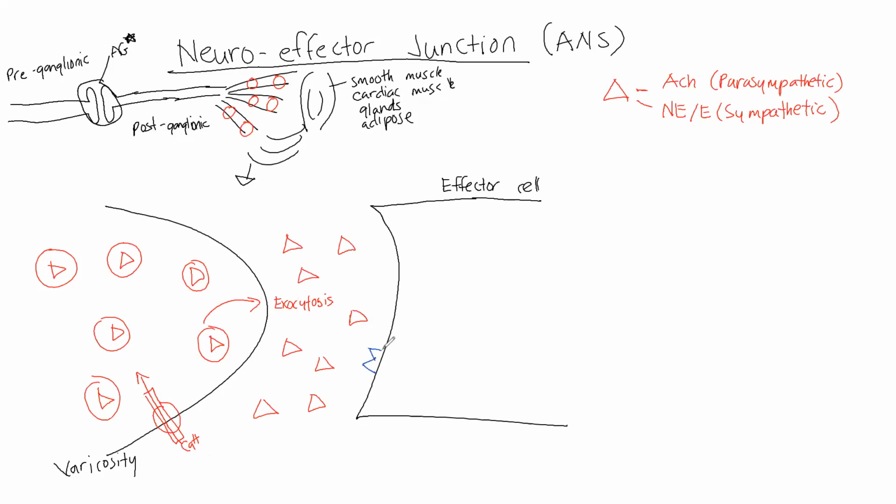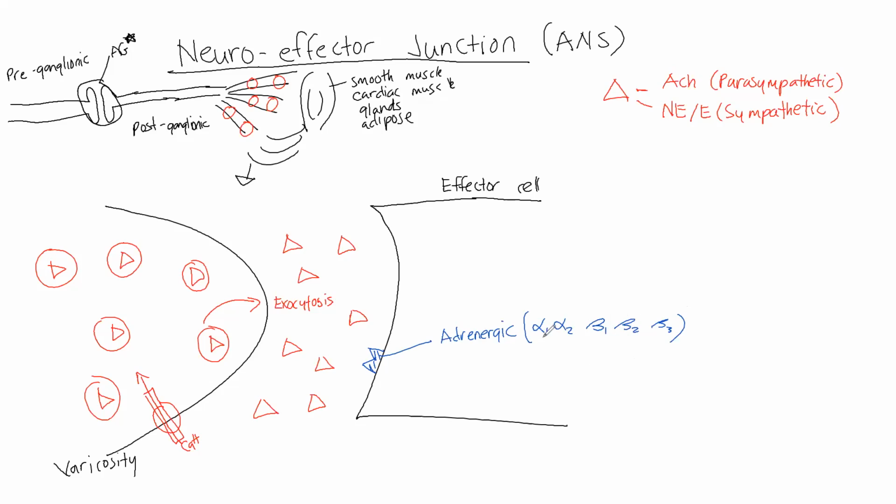Again, there can be some options here based upon what we've talked about. So this can be an adrenergic receptor if the neurotransmitter is norepinephrine or epinephrine. And this is where we have all the options we talked about: alpha 1s, alpha 2s, beta 1, beta 2, beta 3. Lots of options, lots of different tissues that we can actually be talking about here.